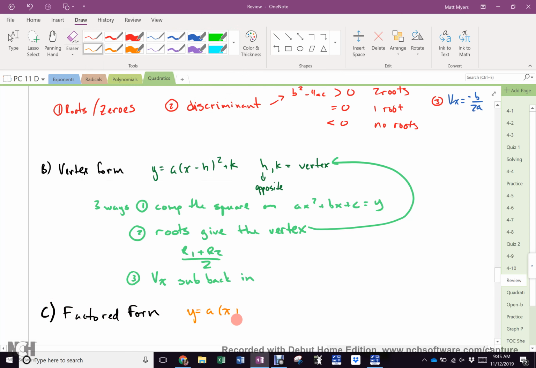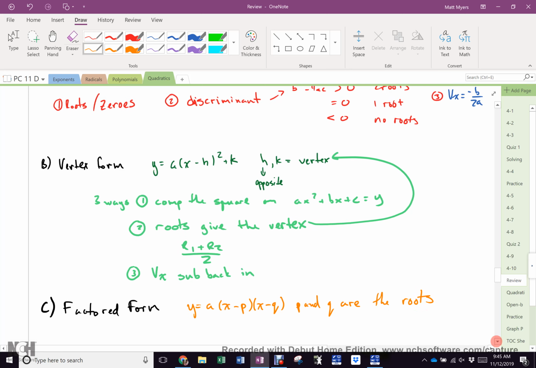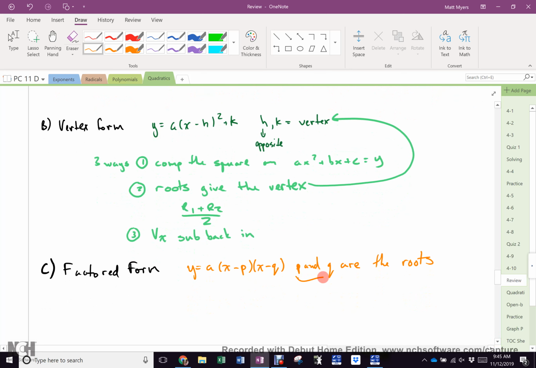Not plus, you idiot. P and Q are, I don't want to write it with a comma because that looks like it's coordinates. P and Q are the roots. And remember, they are opposite.